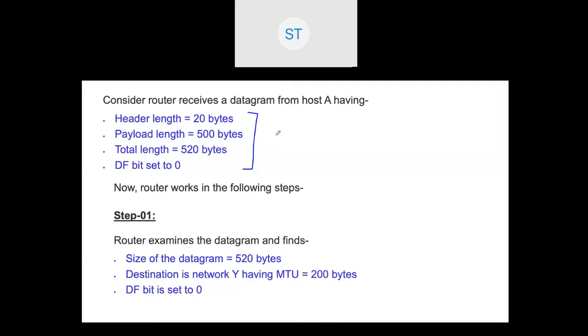That's why you can solve this very easily. Header length is 20. Payload is 500. So total length is 520. DF bit is 0. When it is received at the router, it will check that MTU is 200 and DF bit is 0. That means it is allowed to fragment.